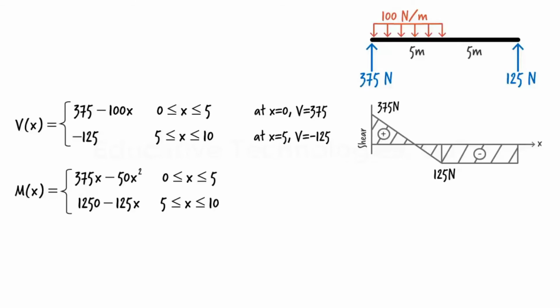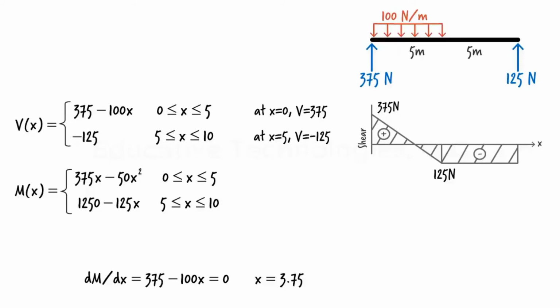Our moment equation is M equals 375x minus 50x squared. Its derivative with respect to x is 375 minus 100x. Equate the equation to 0 and solve for x. This gives us x equals 3.75. That is, moment is maximum 3.75 meters from the left end of the beam.